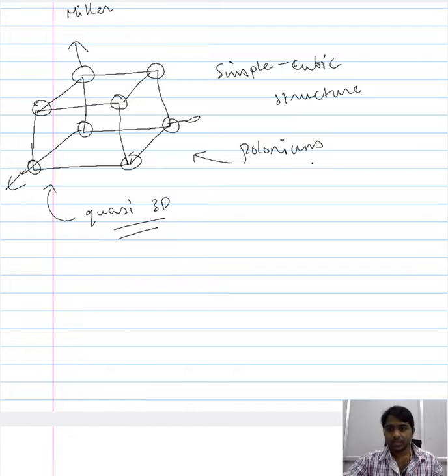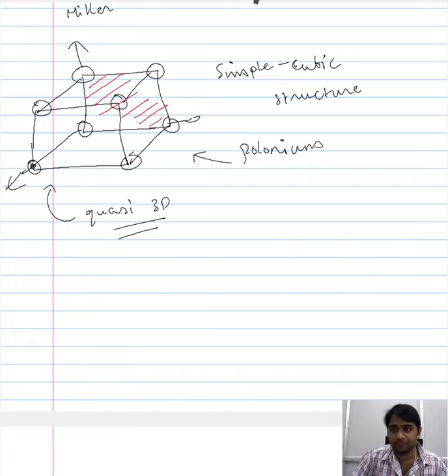This approach of representing the arrangement of the atoms considers a specific plane. Supposing I assume this to be my origin, and then this plane here, for the frame of reference let us assume x, y and z. Of course there is a little change in the frame of reference compared to the one we consider for calculating the components of stress.